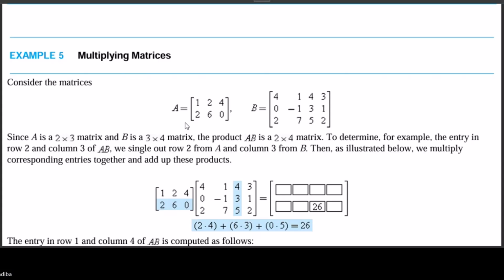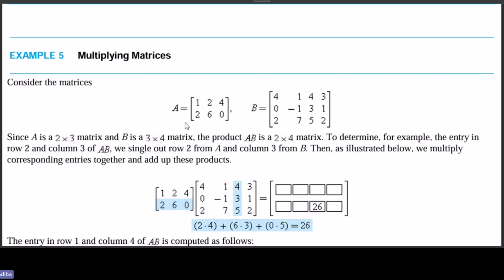First of all, we say A is a 2 by 3 matrix, and B is a 3 by 4 matrix. Then for us to be able to get AB, the number of columns in matrix A must be equal to the number of rows in matrix B. Is that the case?